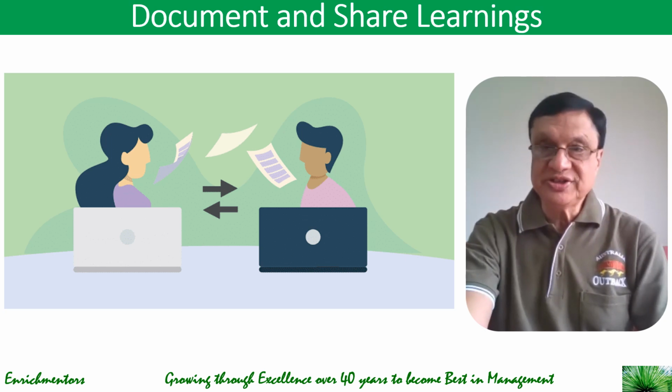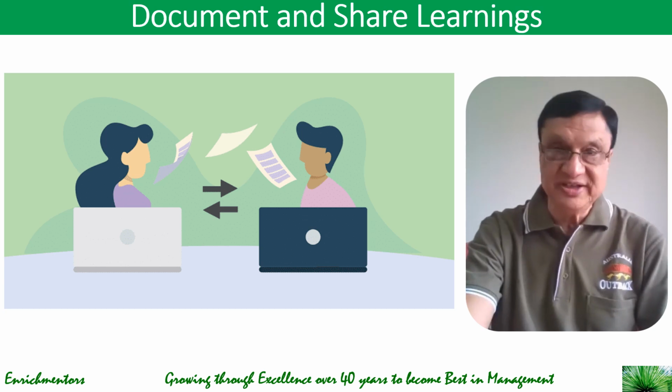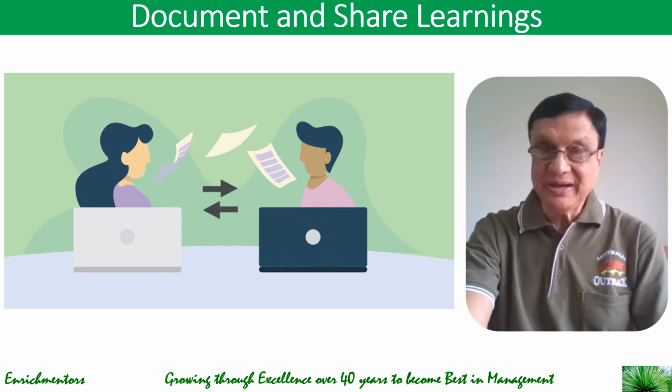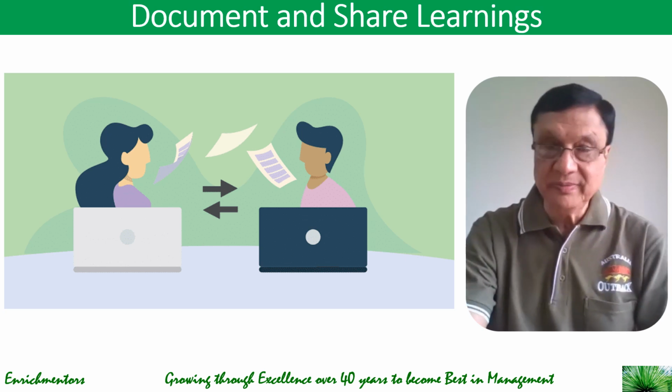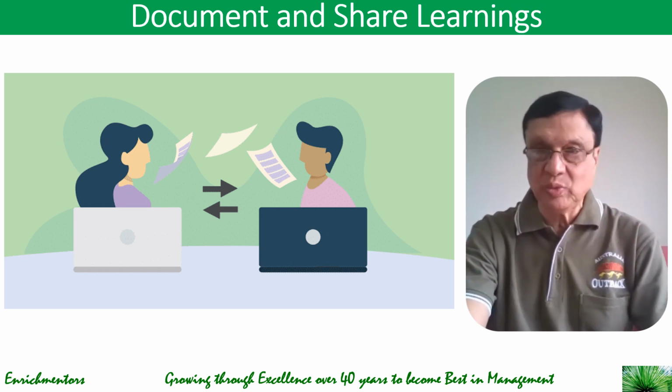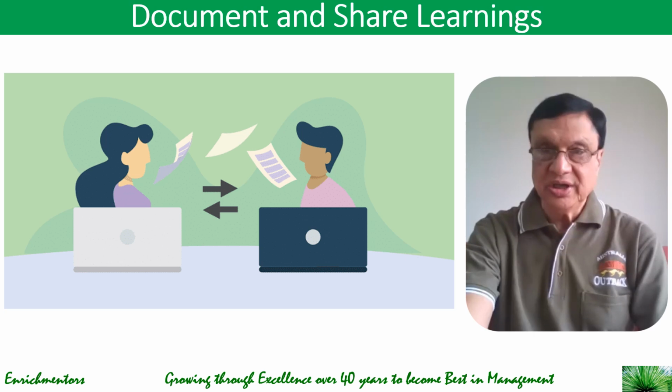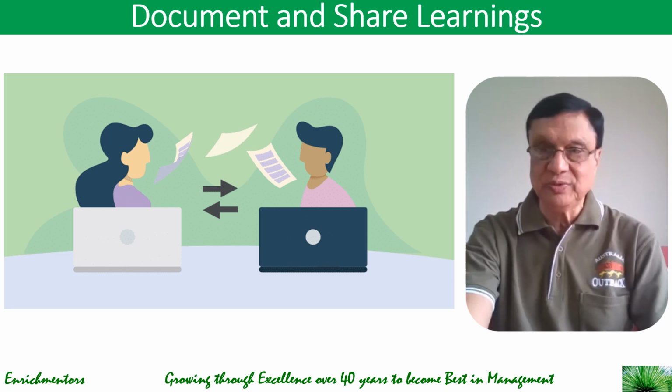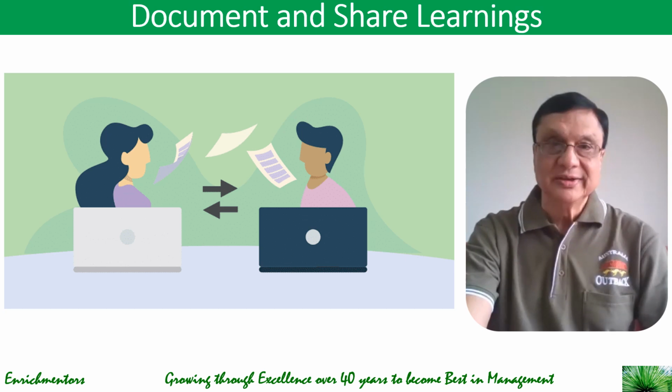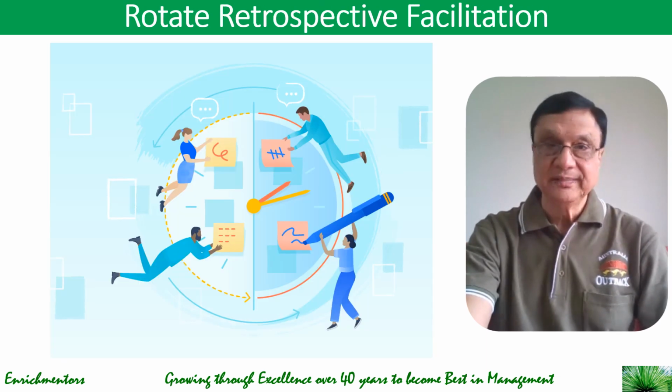Ensure transparency so that other teams or departments can also benefit from these insights. You could, for example, document lessons learned from improving the performance review process in one team and then share that with other HR teams across departments to promote continuous improvement organization-wide. So that's how you can document and share them.